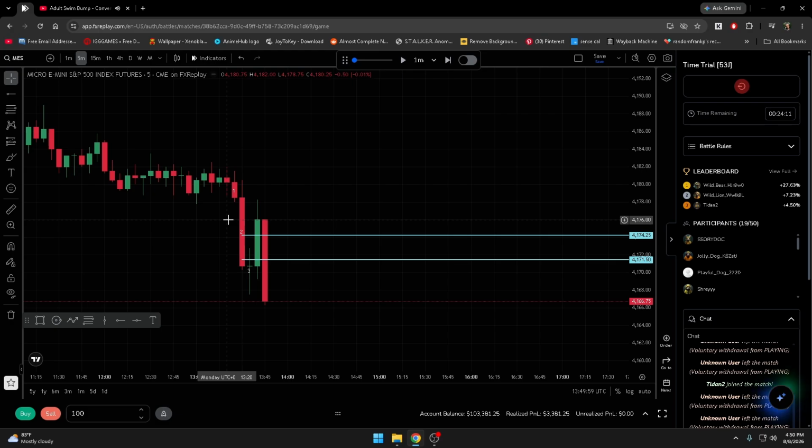Right? So the first entry would be when candle 3, and we're doing the bullish one first, right?